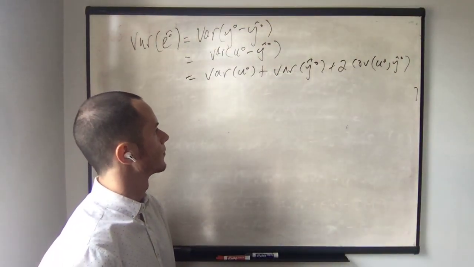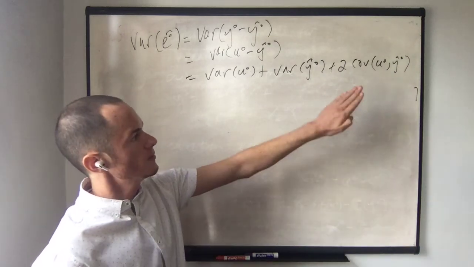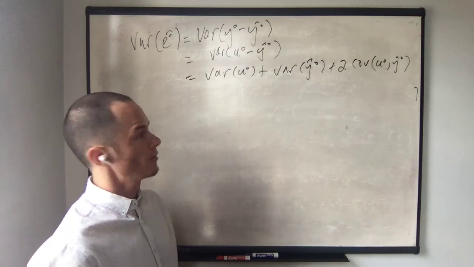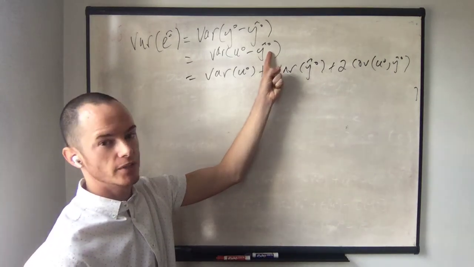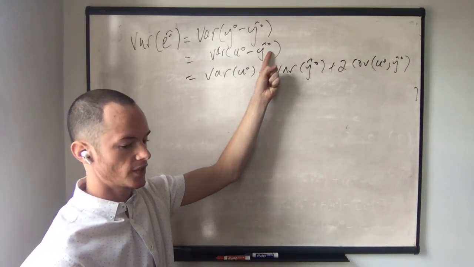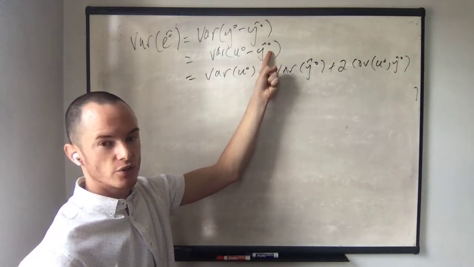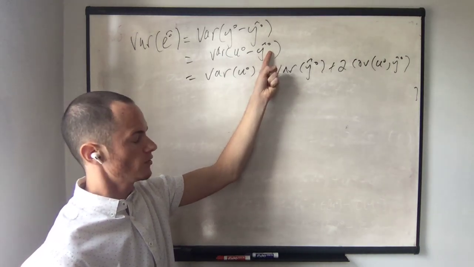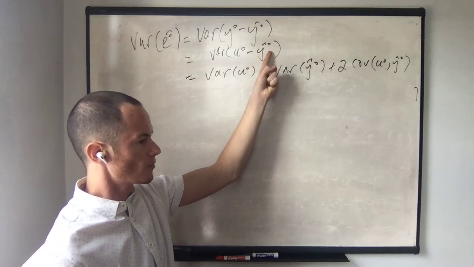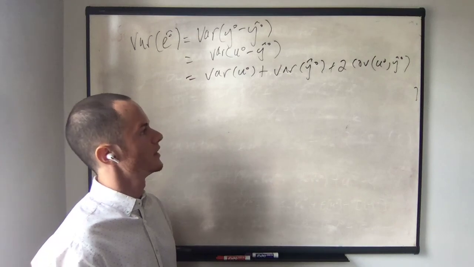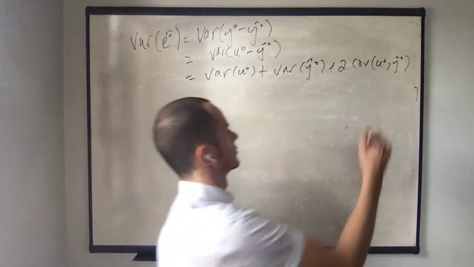Now we know that the covariance between u0 and y hat 0 is 0, right? Because y hat is a linear combination of the x's, and by the zero conditional mean independence assumption, things are independent. So this covariance is 0.